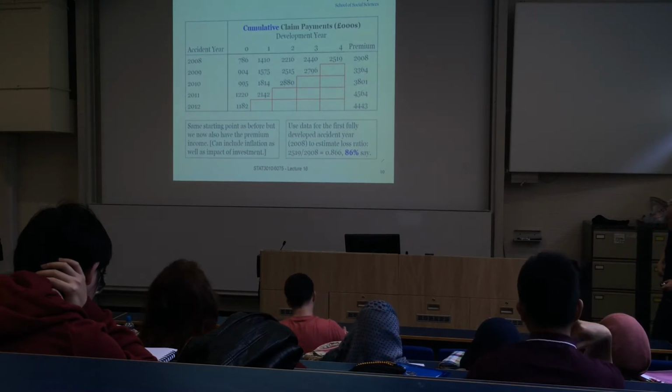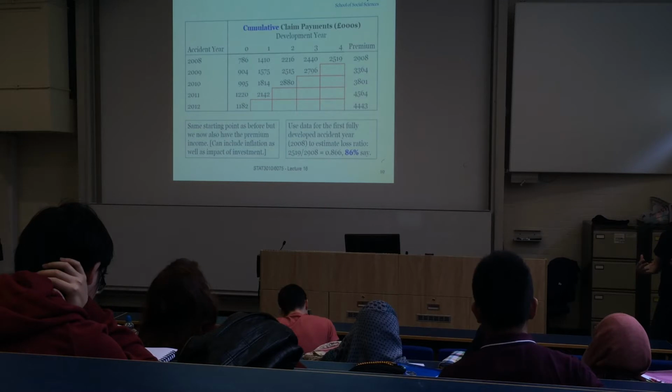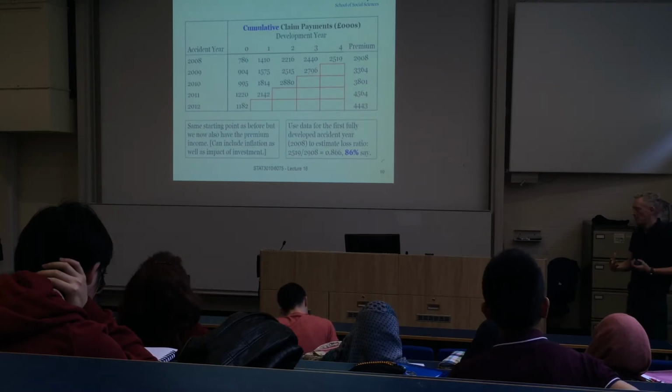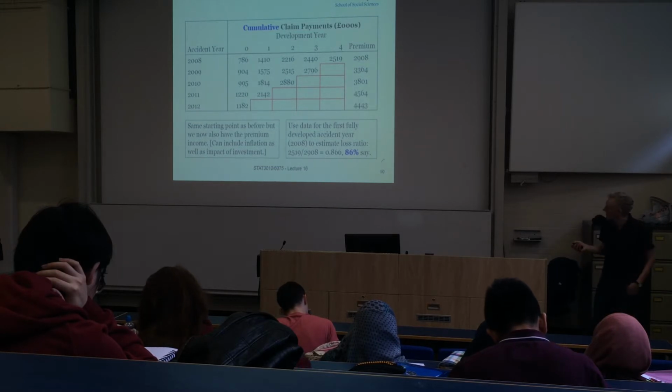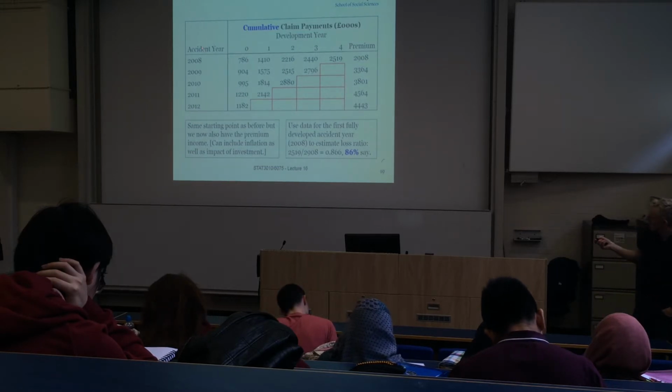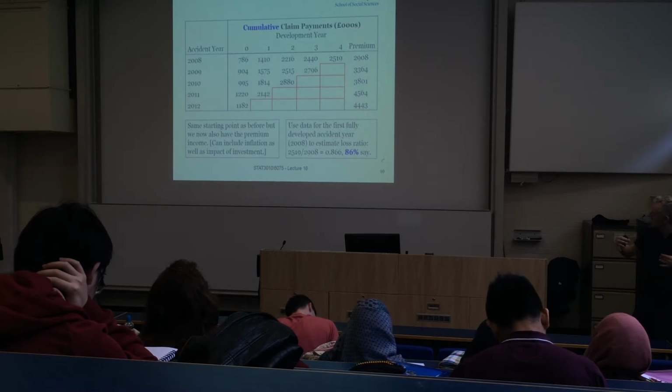So, first step, historical loss ratio, what is it? Well, what I've done here is just take the data for origin year 2008, which is fully developed, fully known, fully paid off.